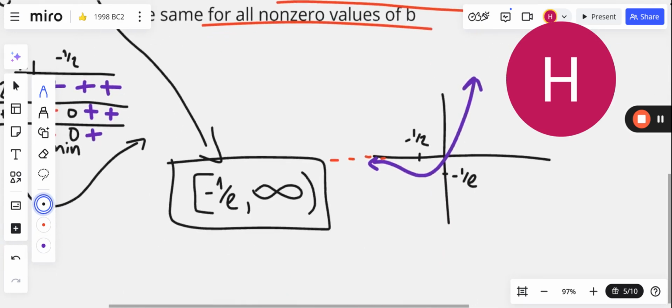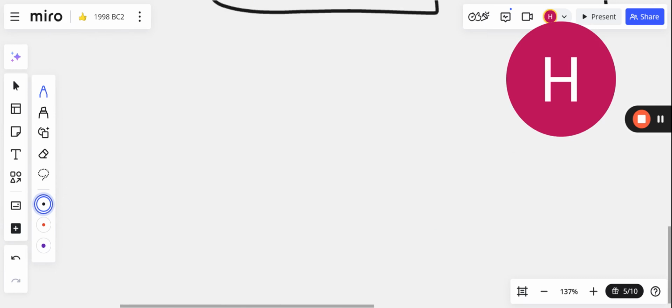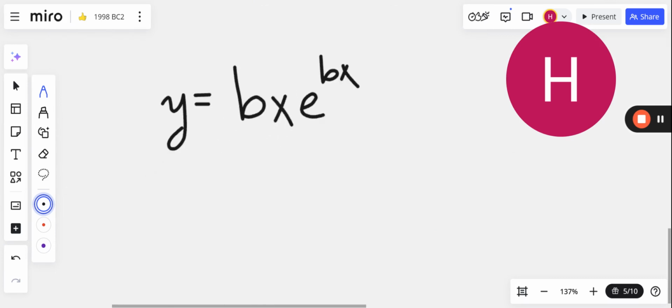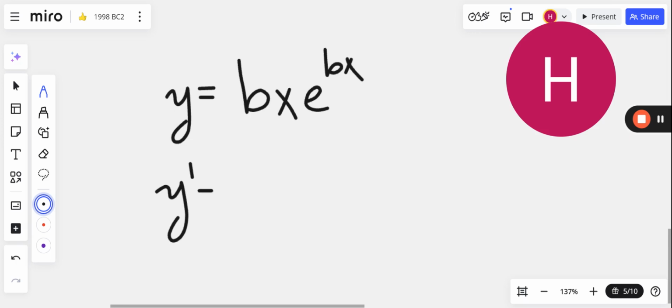So let's confirm that. Let's take a derivative. If y equals bx e to the bx, b is just some number. Don't be scared, guys. Its derivative, similar to how we did part B, is going to be product rule.